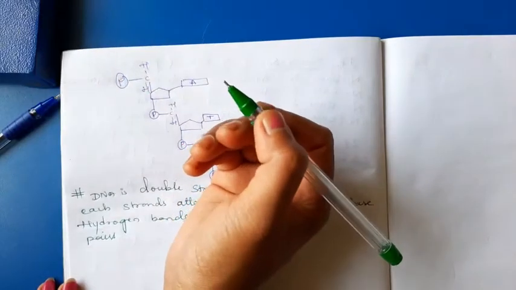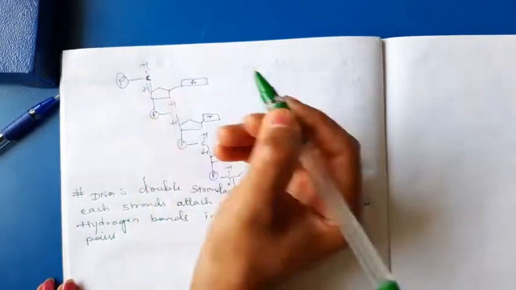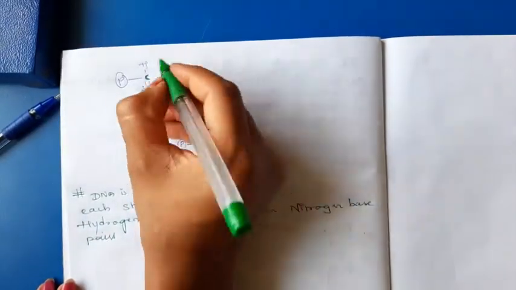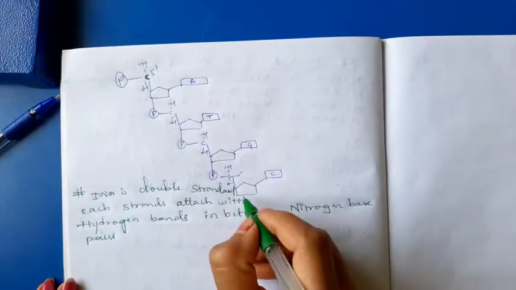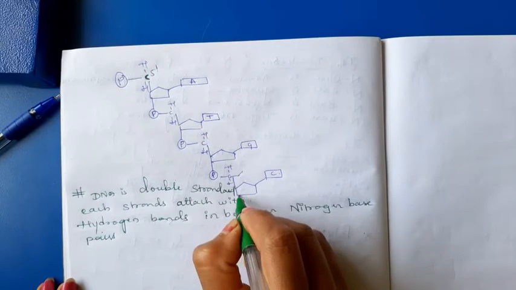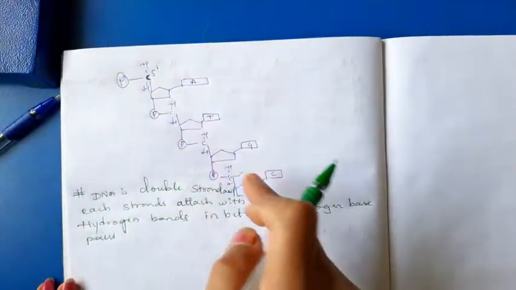You can see that the fifth carbon atom of the first nucleotide is always free. This is the starting point of the DNA. Then you can see the third carbon atom of the last nucleotide. This is the end.